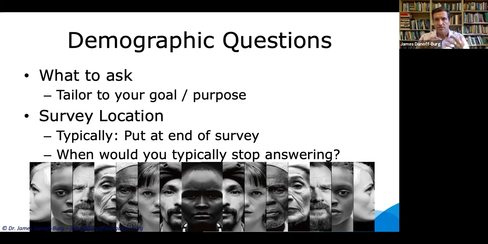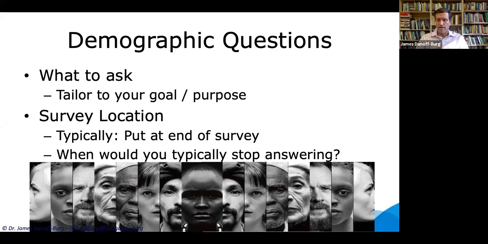If you create that trust in a good way, demographic questions at the end of a survey are almost always unobjectionable. So you put the items that are asking about demographics at the end of the survey. Most people do this, not everyone, but most people do that. It's a good tool and it's a good kind of standard of practice.